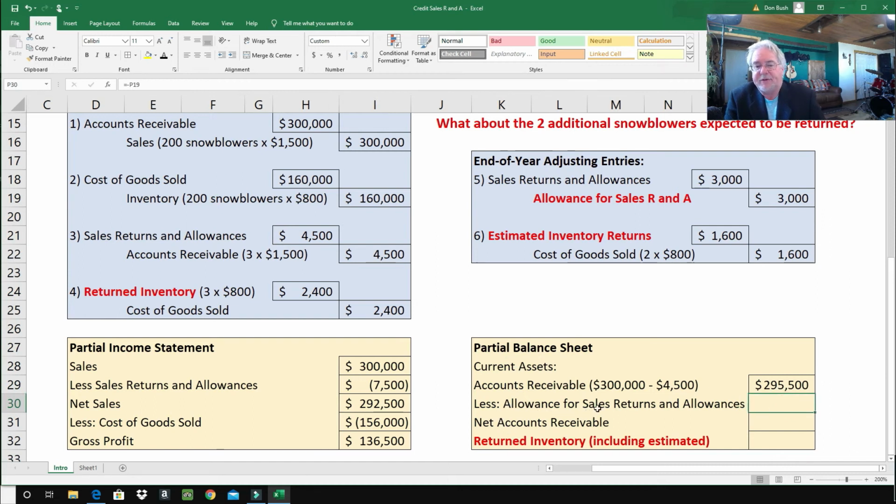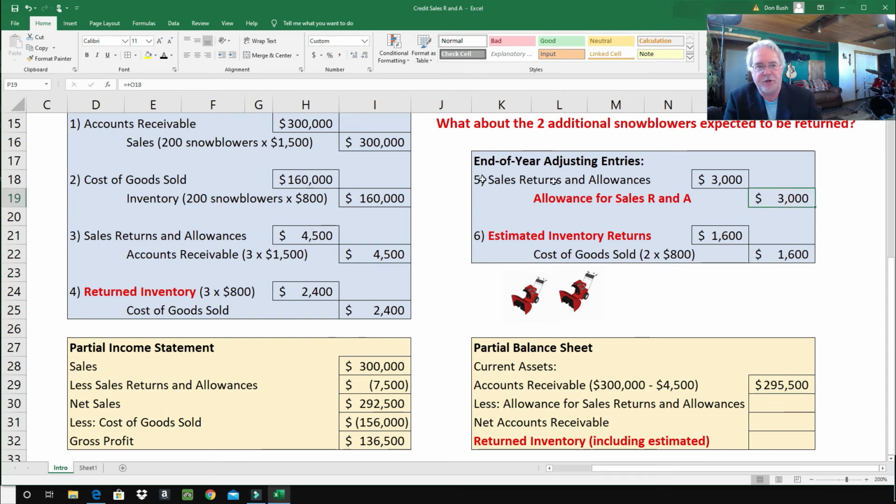Less allowance for sales, returns, and allowances. Now that is the 2 snowblowers that Fred expects will be returned. And it sounds like I'm repeating myself when I say allowances, but that's how the account ought to be listed. Allowance for sales, returns, and allowances. This represents the 2 snowblowers that are expected to be returned.